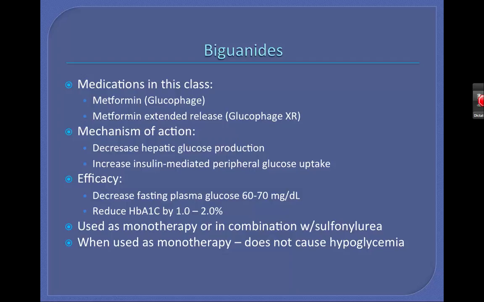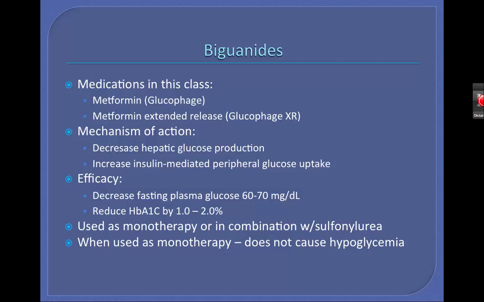Efficacy: decreases fasting plasma glucose by 60 to 70 and reduces hemoglobin A1C by 1 to 2. These can be used as monotherapy or in combination with sulfonylureas, so you can prescribe metformin and sulfonylureas together. When metformin is used as monotherapy, it does not cause hypoglycemia.